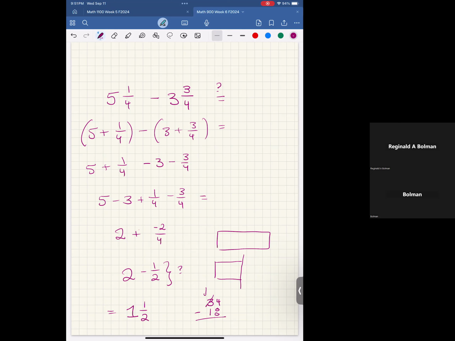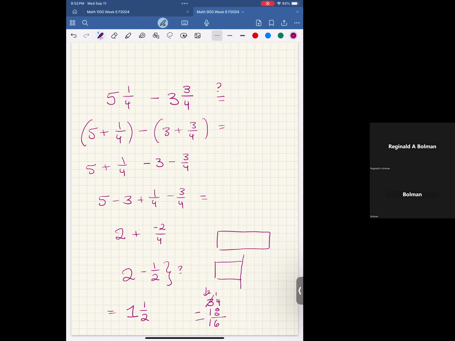So you borrow a 10 from the column over. So now your 4 becomes a 14, and you do 14 minus 8, which is a whole different story. And so 14 minus 8, of course, would give you 6. And because you borrowed a 10, your 3 becomes a 2, rather. So you do 2 minus 1, giving you 1.